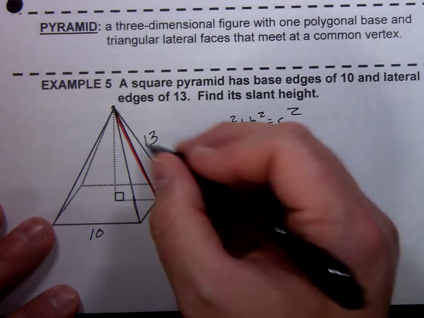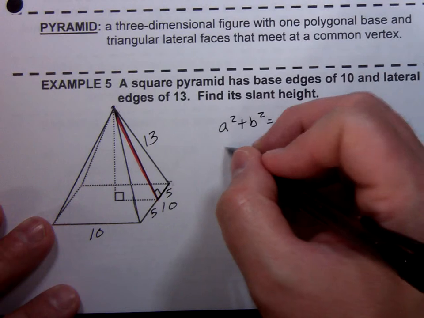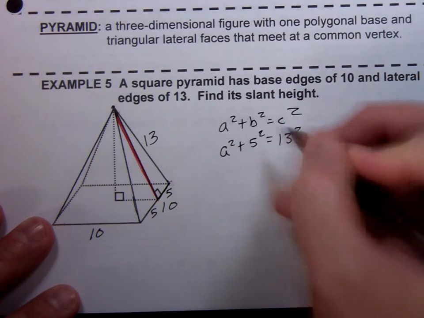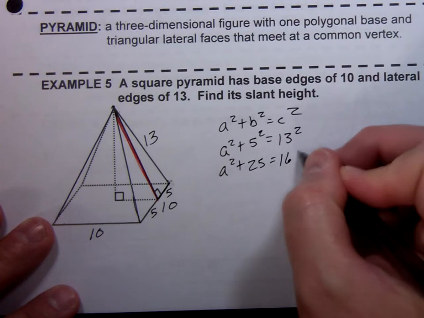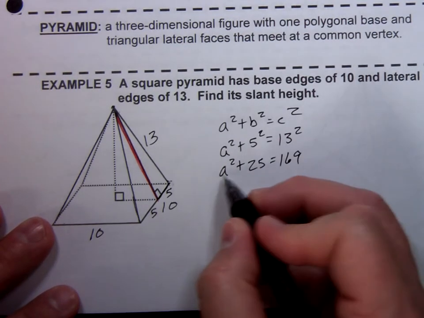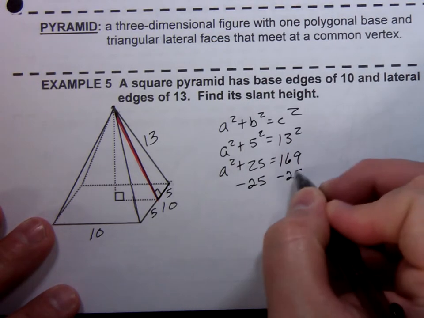The hypotenuse is 13. Put that in for C. 5 can go in for A or B. Does not matter which one. 5 squared is 25. 13 squared is 169. I want to solve for A. I want to get it all by itself, so I got to get rid of that 25. It's being added, so we subtract it.